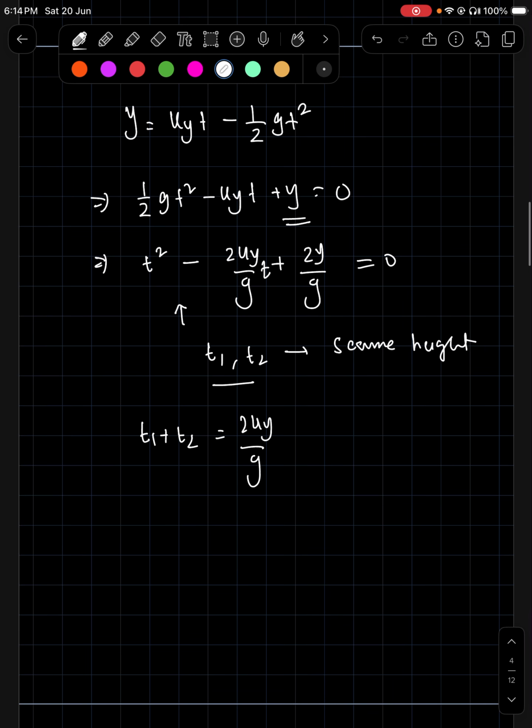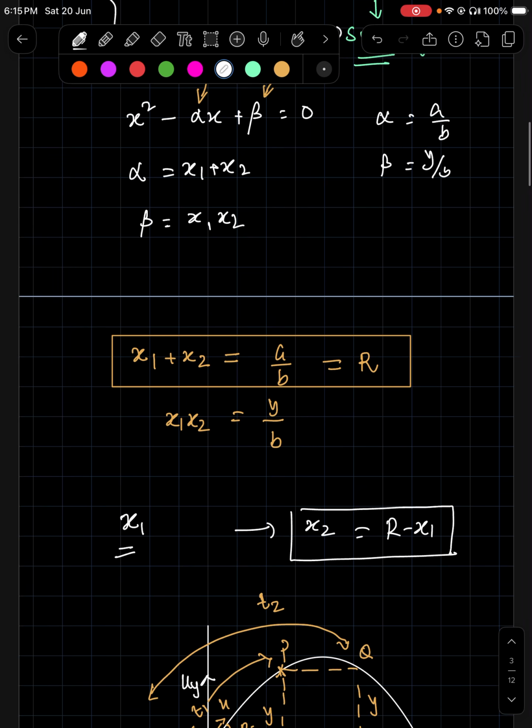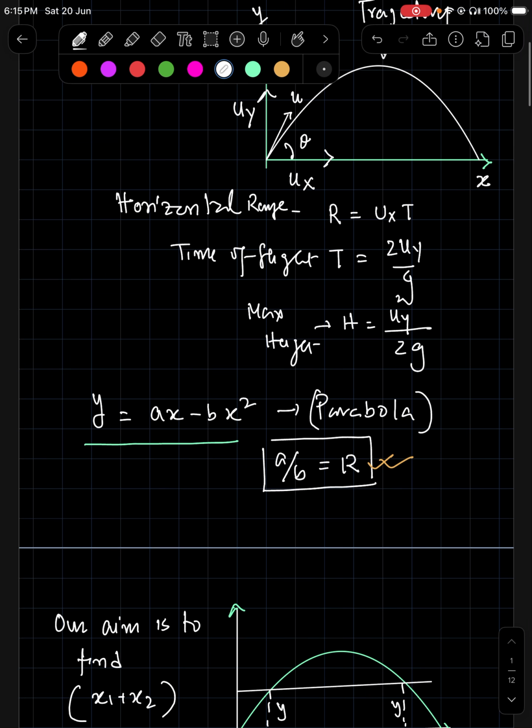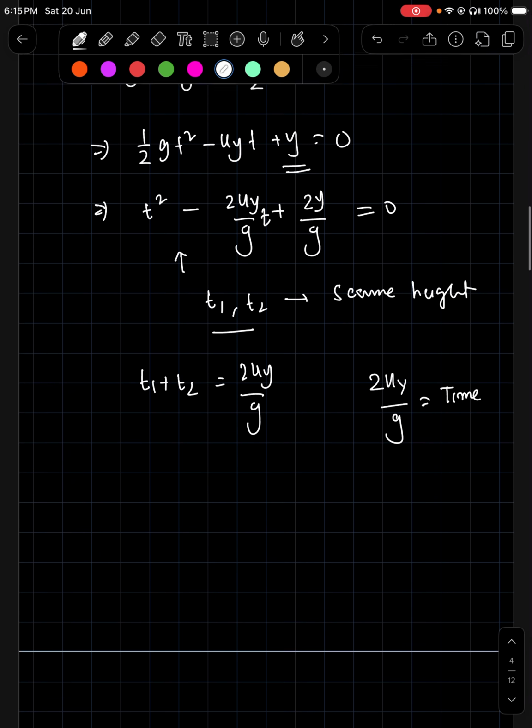But from our first class, we know that 2 u sin theta by g is the time of flight. Sorry, I said maximum height earlier, but this is the time of flight, which we discussed in the beginning of this class.